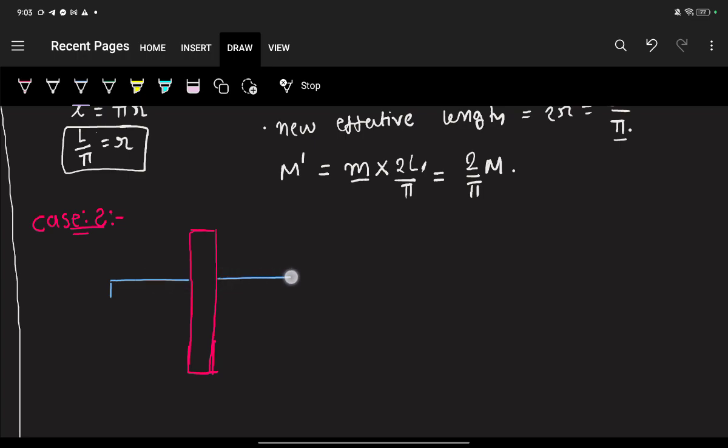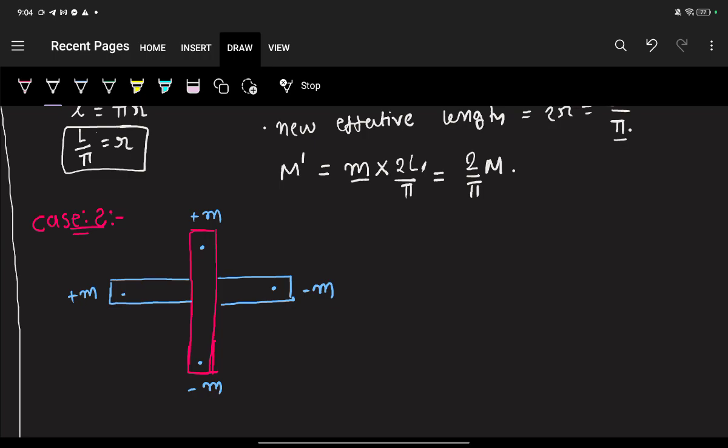They are placed on top of each other this way. Plus m minus m, and this one is plus m minus m. We need to find the magnetic moment of this arrangement.